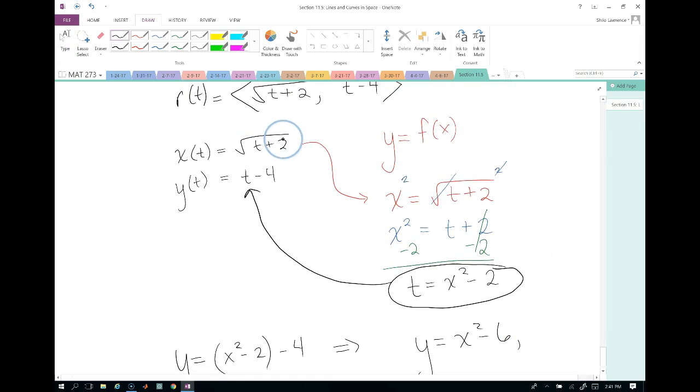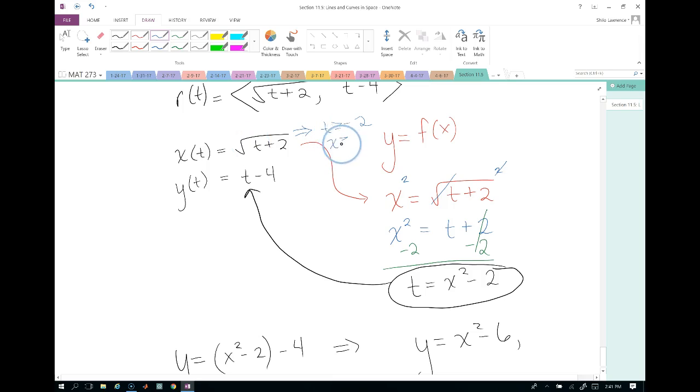Remember, we can't take the square root of negative numbers. So if you look at what the domain for this function is, x of t equals square root of t plus 2, remember that t must be greater than or equal to negative 2. The smallest value I'll ever get back from a square root is 0.